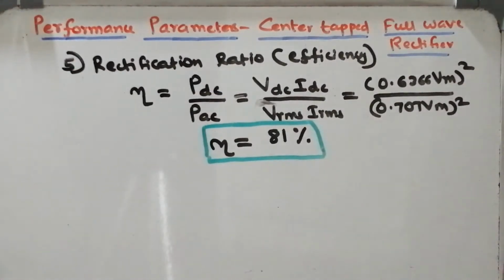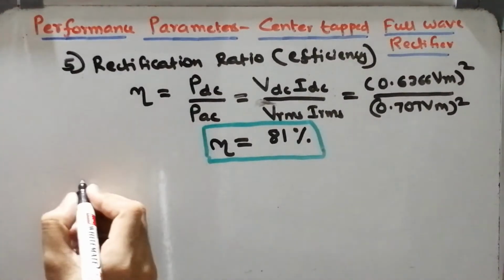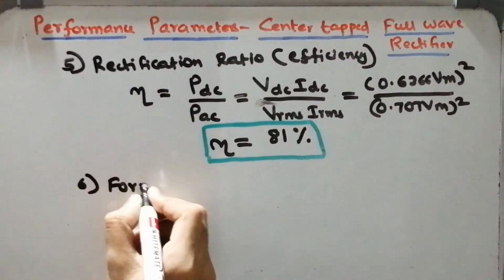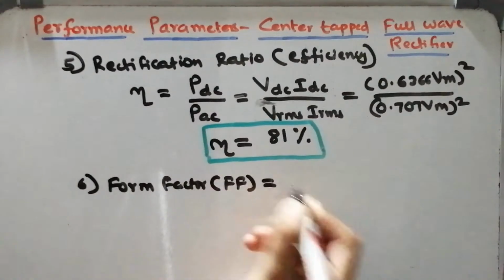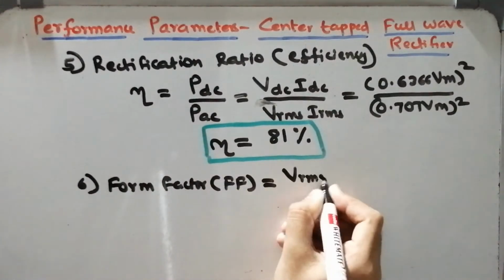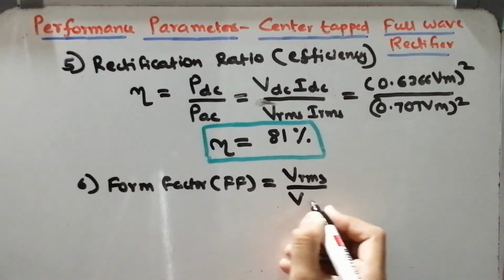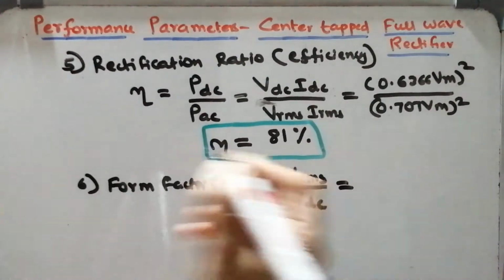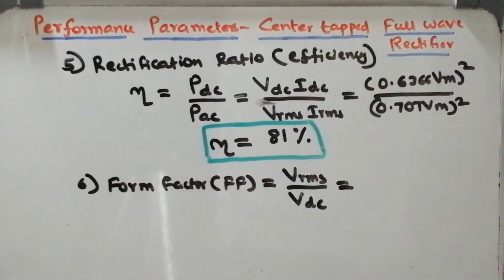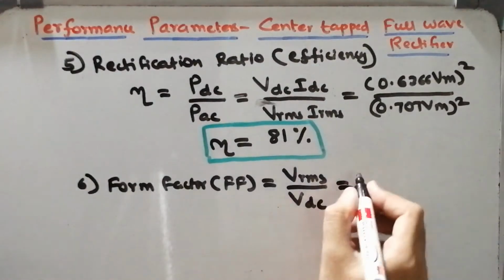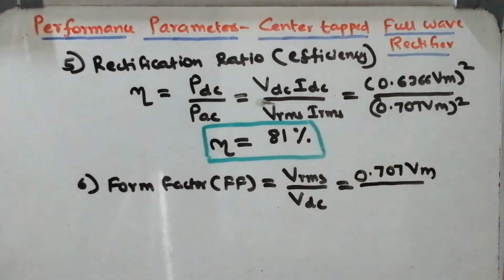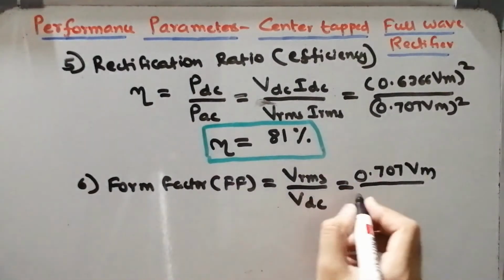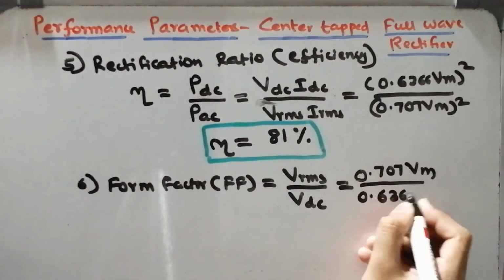Next I would like to calculate the form factor. The form factor is the ratio of RMS voltage divided by average voltage. VRMS is 0.707 Vm, and average voltage is 0.6366 Vm.